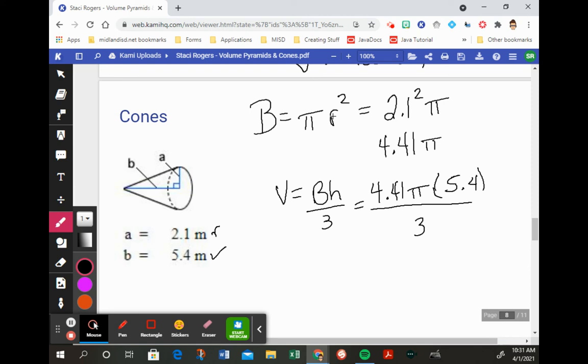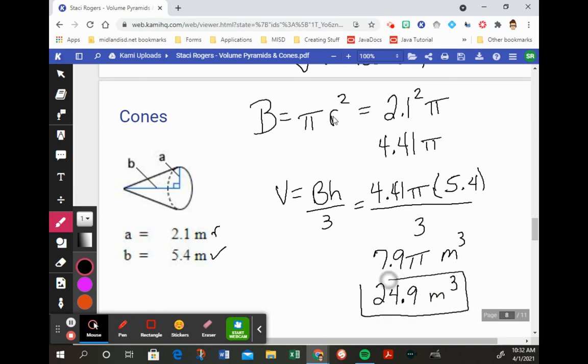So I get 7.9 pi cubic meters. And if I multiply that by pi, I get 24.9 cubic meters.